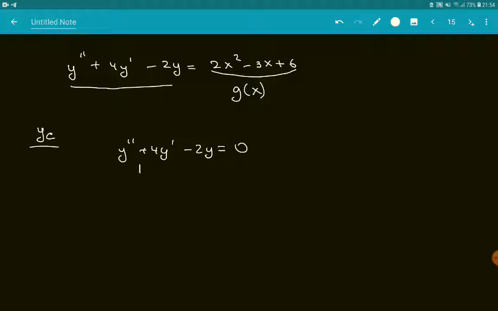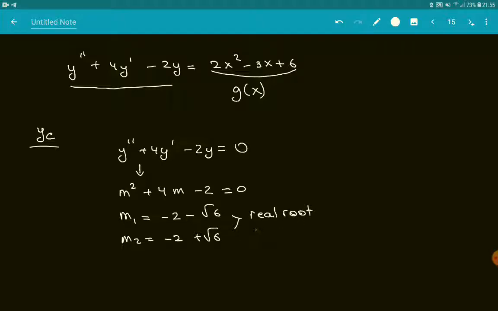From that part, if you remember, how did we do it? From chapter 2.2, I guess, we write the auxiliary equation, which was m squared plus 4m minus 2 equal to 0. After writing this, we need to find the roots. Root m1 is negative 2 minus square root 6, m2 is negative 2 plus square root 6. As you can see, these are real roots, and they are not equal.